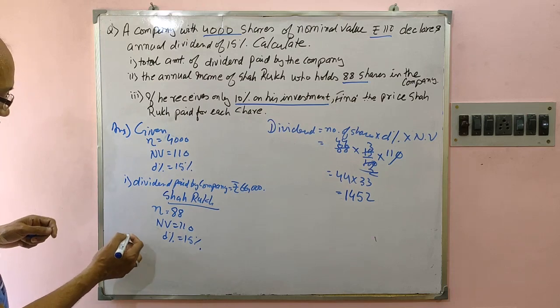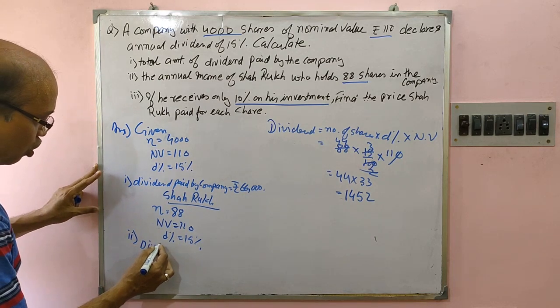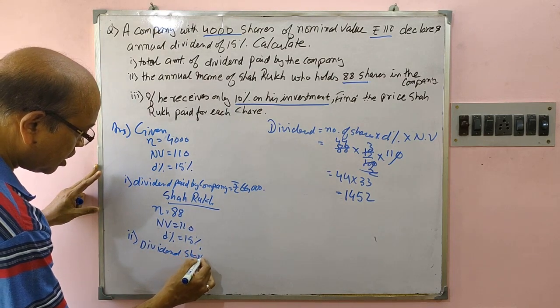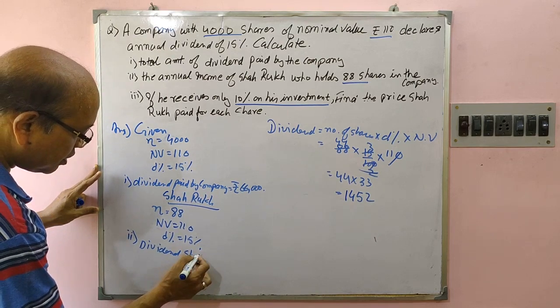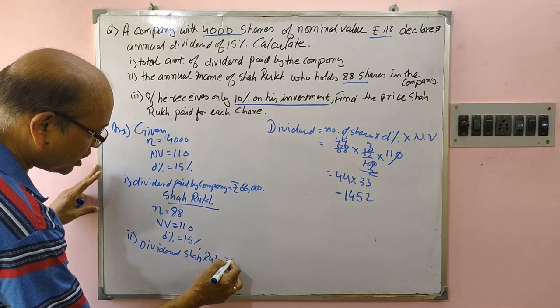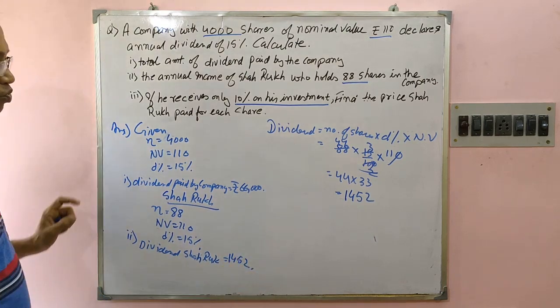Clear? Therefore, second part: dividend Shahrukh received is 1452.